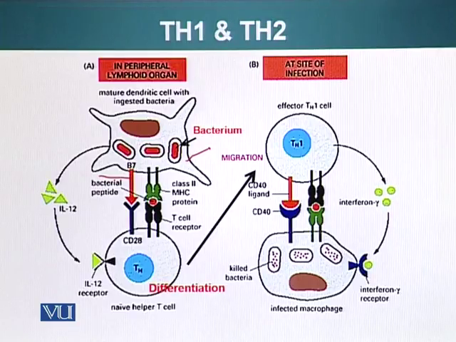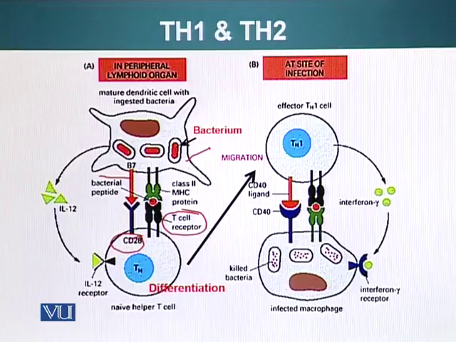The first signal is through the class 2 MHC protein in association with the foreign peptide signaling the T cell receptor, and this is the second signal. This will activate the helper T cell. The lineage will be guided by production of interleukin 12 by the dendritic cell, which will cause this naive helper T cell to become mature, an effector helper T cell type 1.